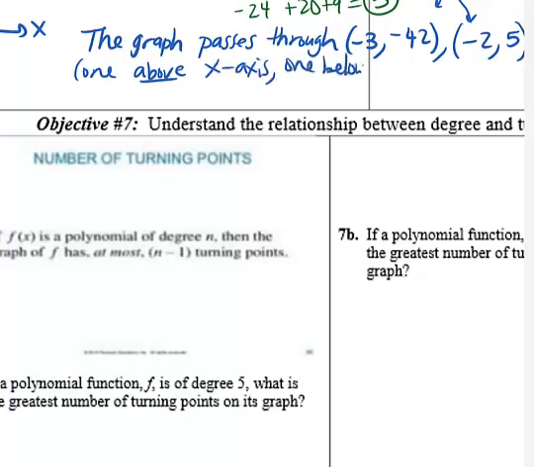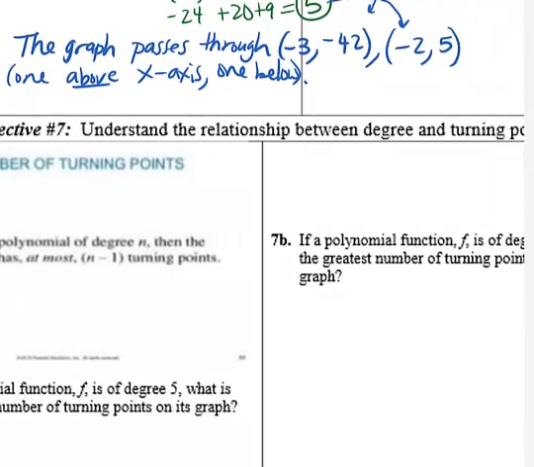So pretty much the argument is, a polynomial is a continuous function. So if I was below the x-axis but I went above it eventually, I must have crossed the x-axis to get there.